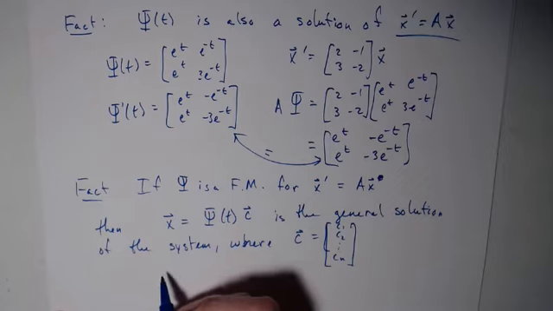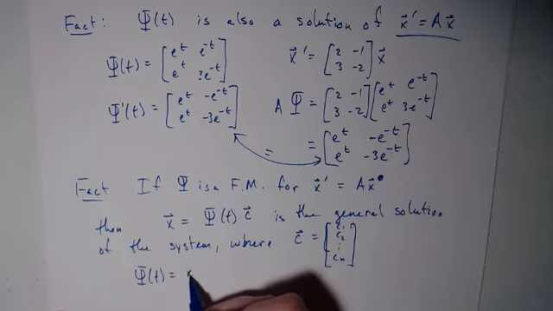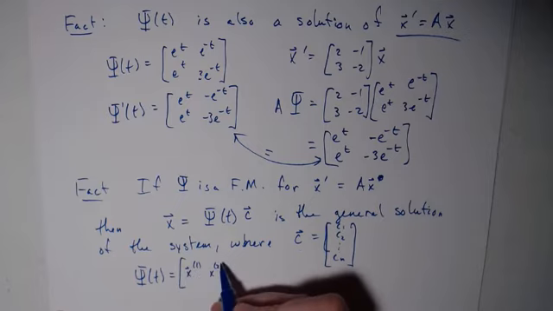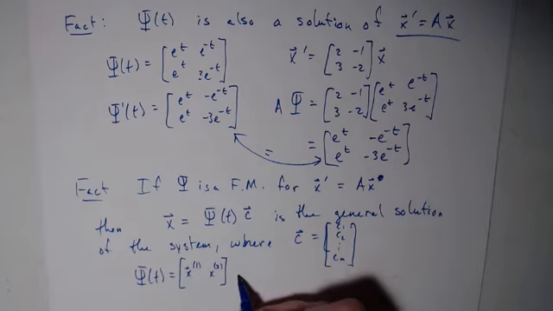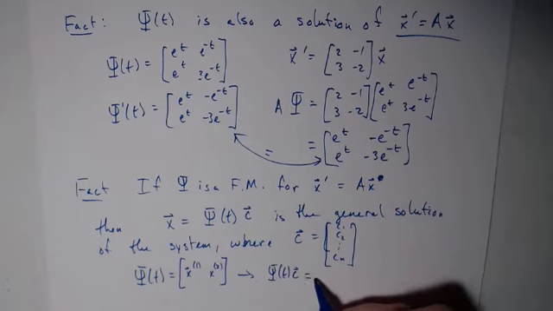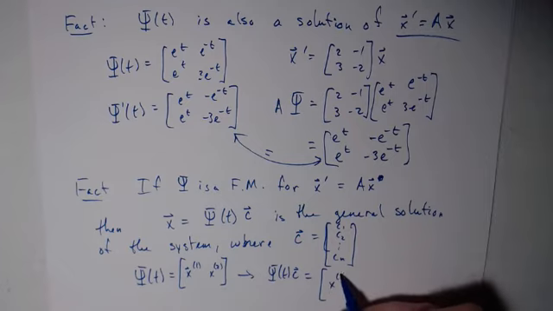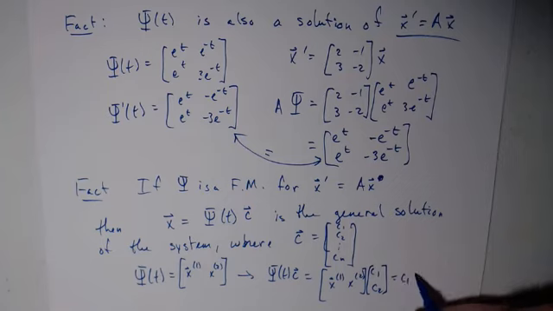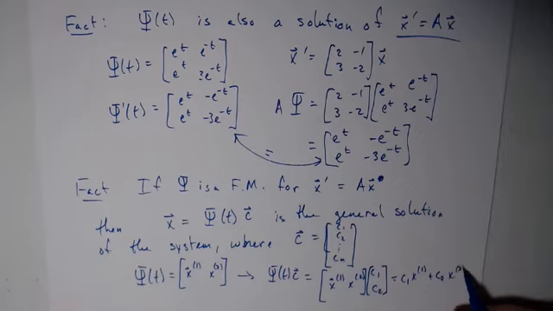So psi of t equals x1, x2, so just a little two variable system, then psi of t times c equals x1, x2 times c1, c2, and so that's just c1 x1 plus c2 x2.